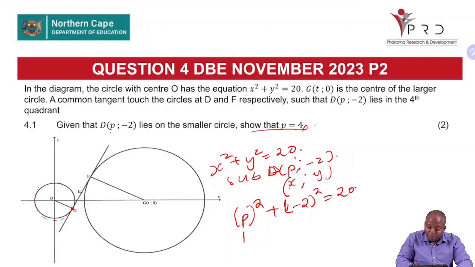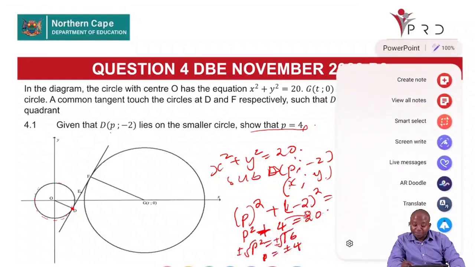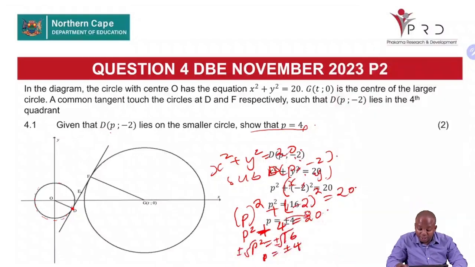Thereafter, P squared plus 4 is equal to 20. Then we transpose: P squared is equal to, when you minus 4 both sides, 16. Then P is plus or minus the square root of 16. So P is equal to plus or minus 4. Then we proceed. Those are the solutions to that activity.